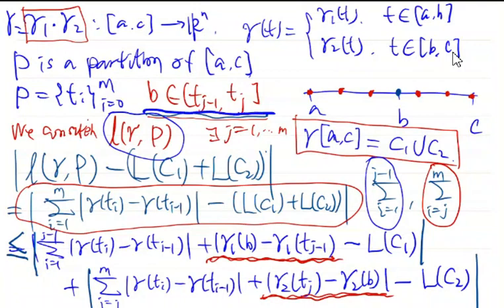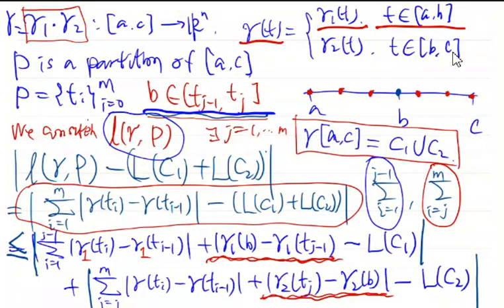So for i less than j, Ti lies in A B, and gamma Ti is gamma 1 Ti, because for t in A B, our gamma t is gamma 1 t. So for the summation here, gamma Ti is gamma 1 Ti. Therefore, we can write gamma 1 here.